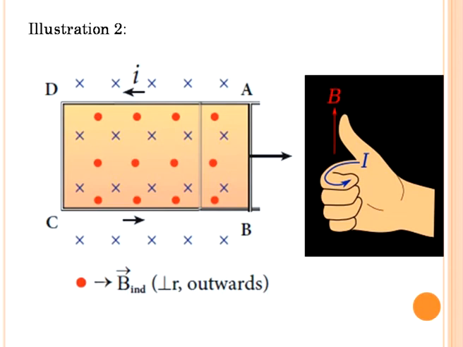It will be anti-clockwise. To check, you can keep your palm on the screen. Keep your thumb along the outward magnetic field and the other fingers will be in the anti-clockwise direction, and that is why the induced current is anti-clockwise.